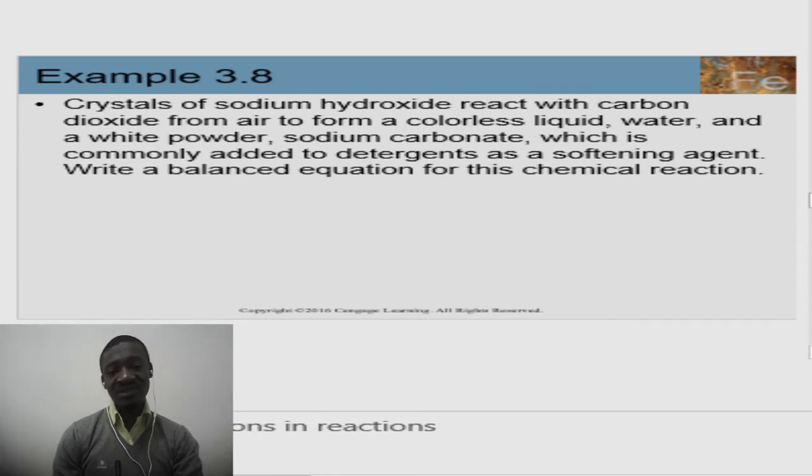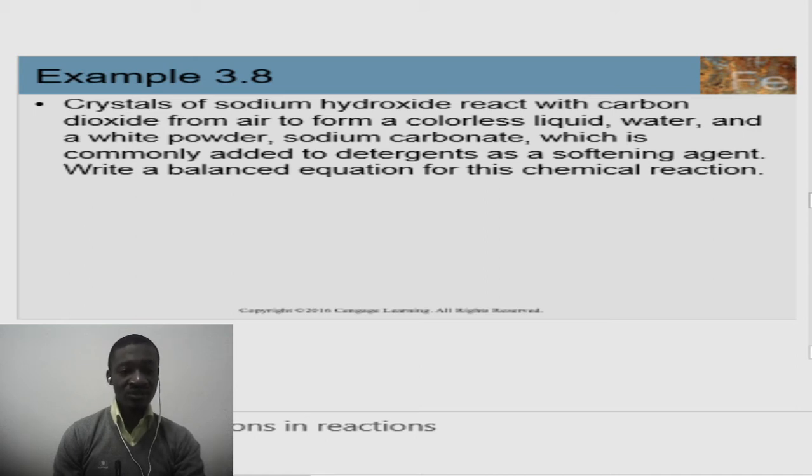So we have an example, and it says crystals of sodium hydroxide react with carbon dioxide from air to form a colorless liquid, water, and a white powder, which is sodium carbonate, commonly added to detergent as a softening agent.